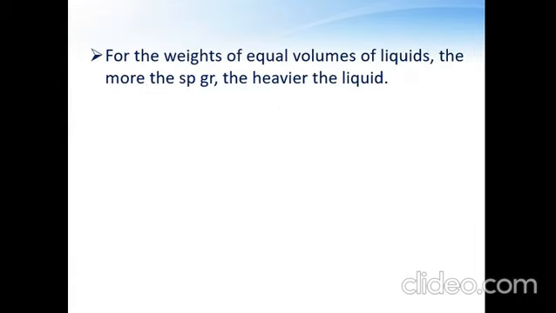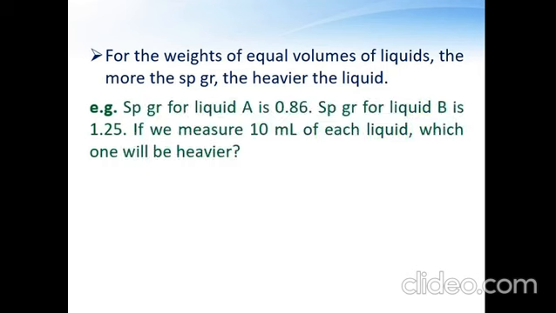For the weights of equal volumes of liquids, the more the specific gravity, the heavier the liquid. Give you one example. Specific gravity for liquid A is 0.86 and the specific gravity for liquid B is 1.25. If we measure 10 ml of each liquid, which one will be heavier? I mean the weight.